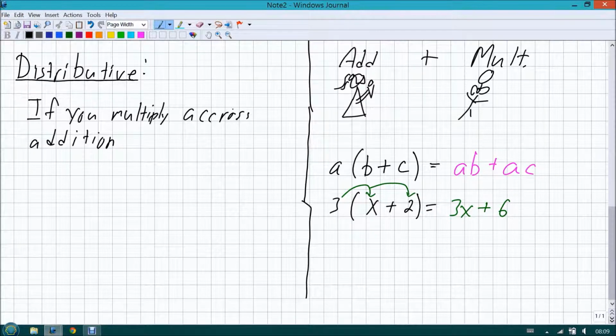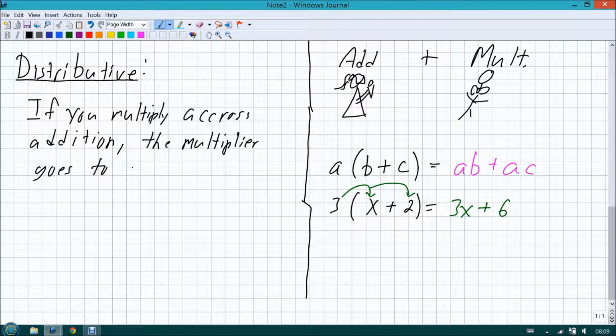If you multiply across addition, the multiplier goes to all of the addition, I'm going to say to each term. And we'll go over what a term is in just a moment.